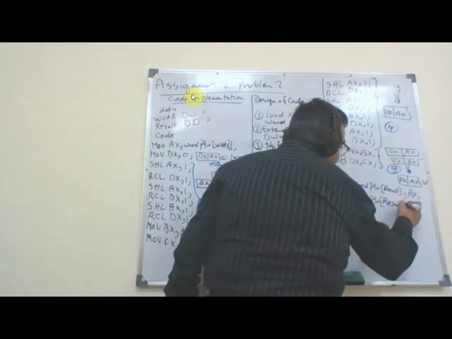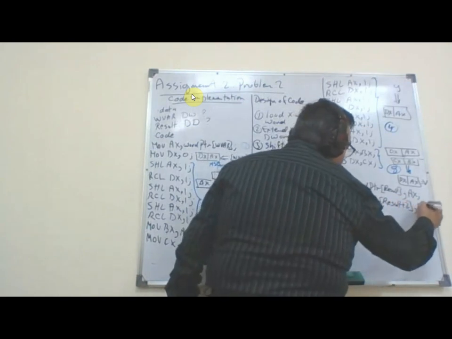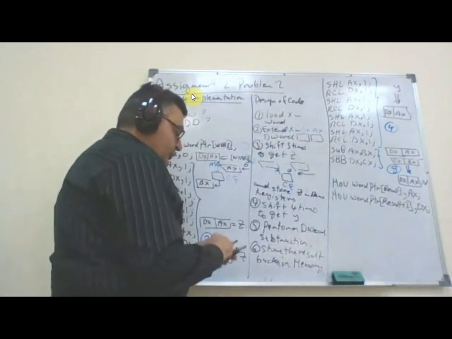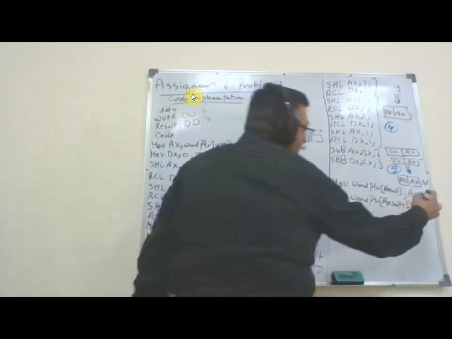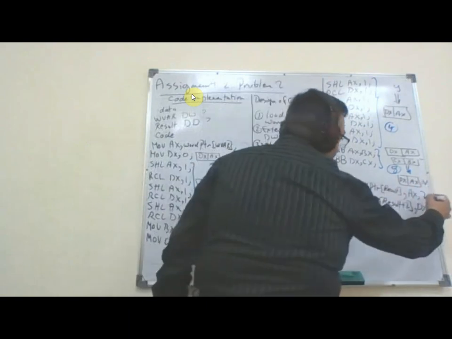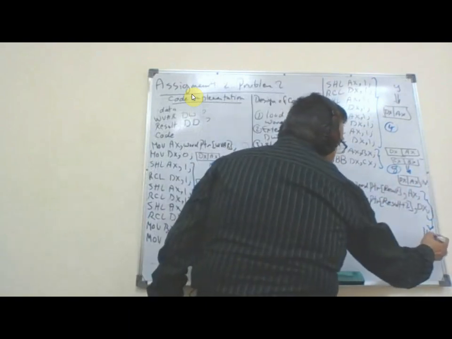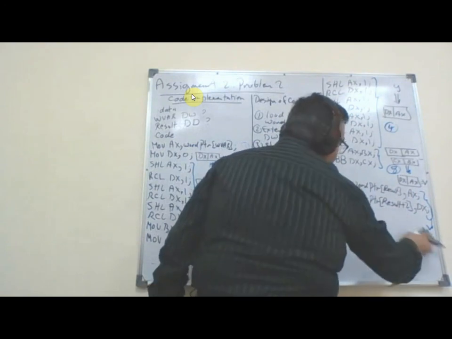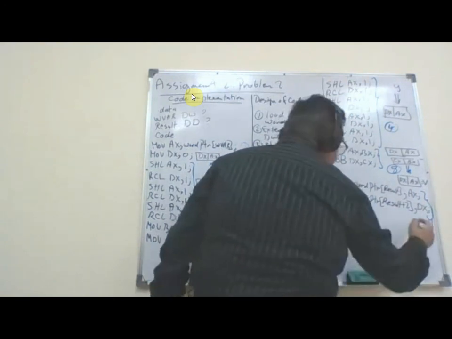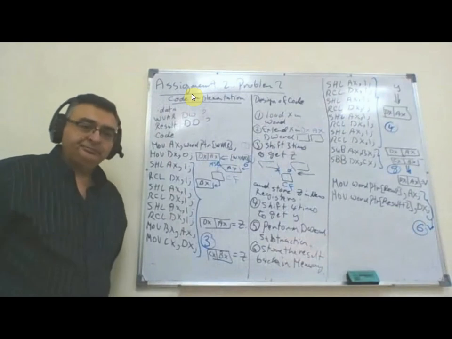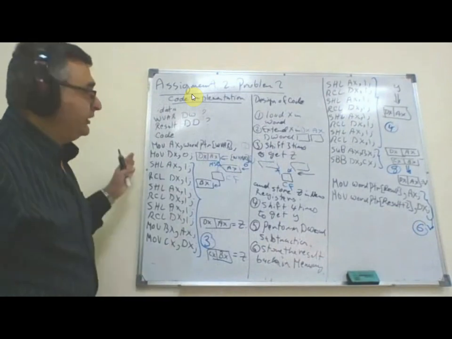So result plus 2 should take the value of DX. So those 2 steps store the value of the result V in memory, which is step number 6. Agree? Makes sense? Any questions, any doubts?